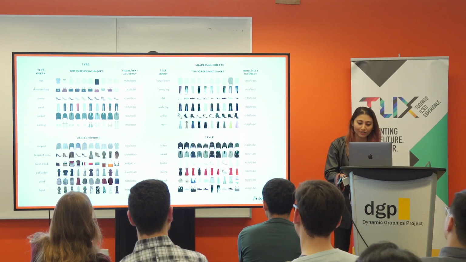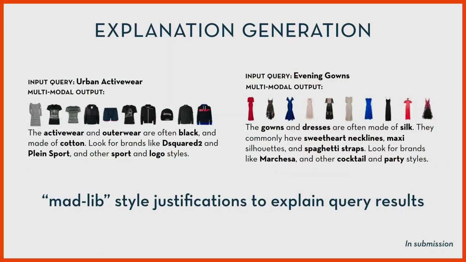So our first strategy right now for generating these explanations is to look at highly correlated concepts in the other category domains of fashion and kind of do a Mad Lib style approach for completing these explanation templates.